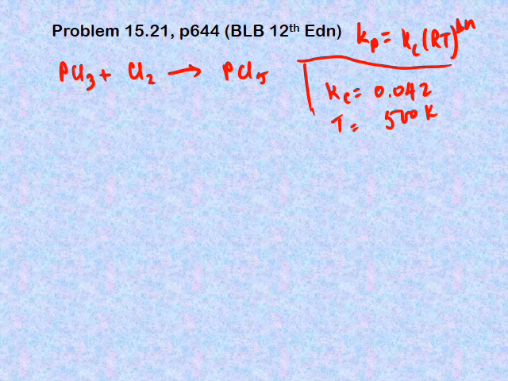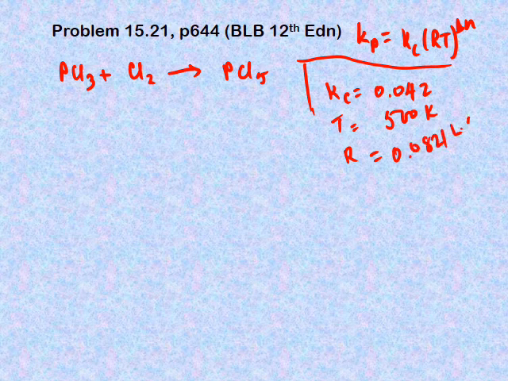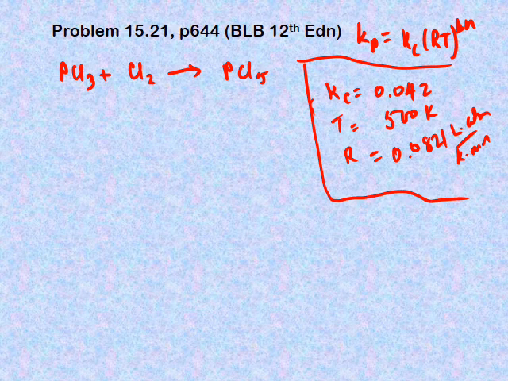If this were given in degree centigrade, we'd be adding 273 to change it to Kelvin. R value is known, which is the gas constant, 0.0821 liter atmosphere per Kelvin per mole. So this gives you all the information that we need to do this problem.